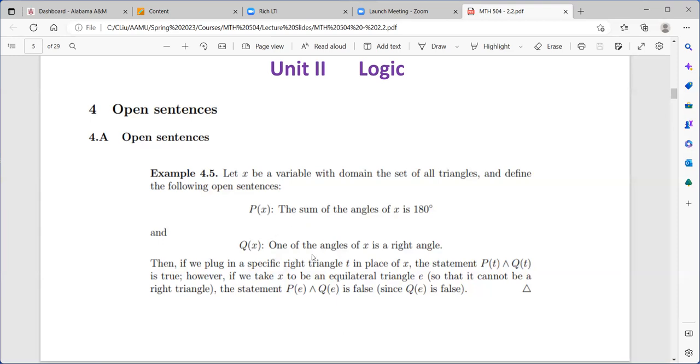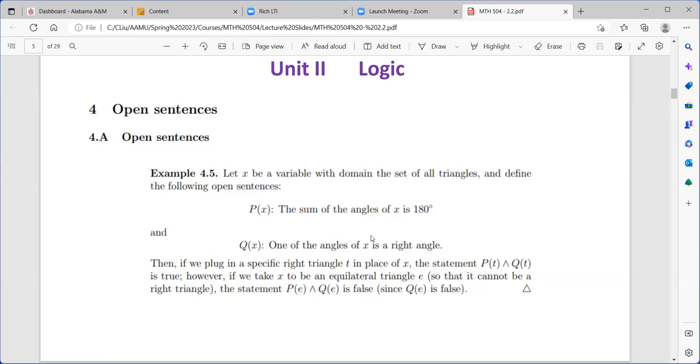For example, take an equilateral triangle and call it E, so E is a specific equilateral triangle, not any arbitrary one. Plugging in, P of E is true, and Q is false, because this time x is E, a specific equilateral triangle.